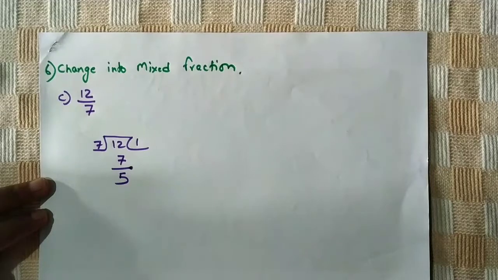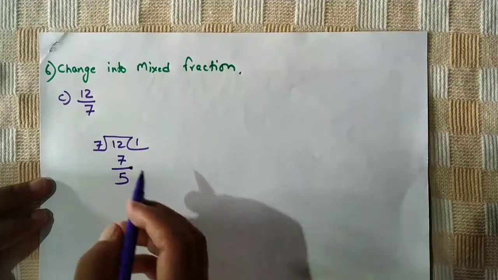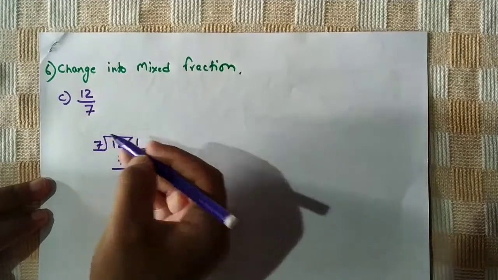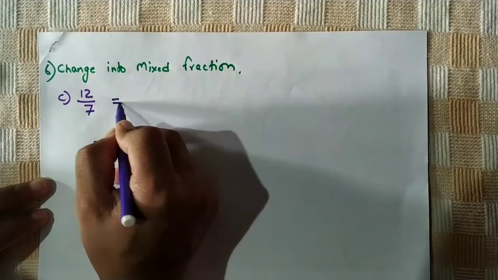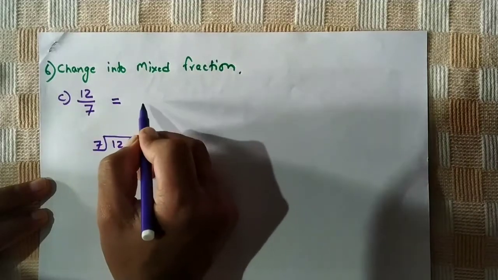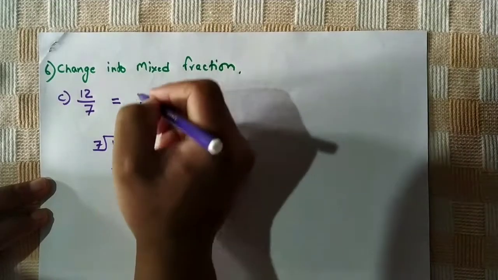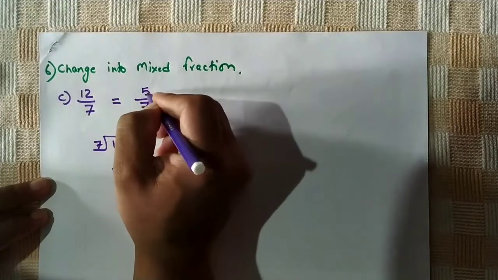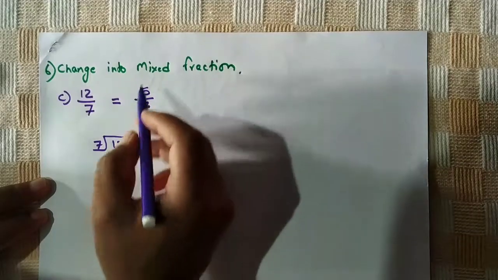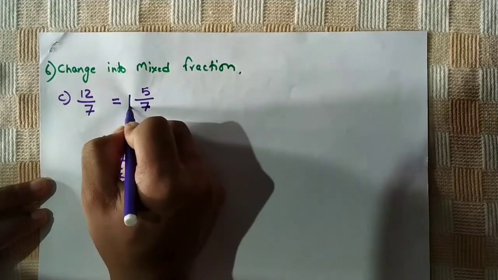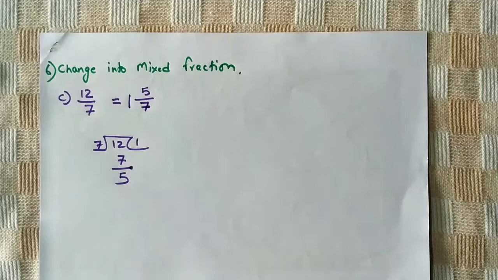Okay. So now this you'll have to write in mixed fraction. So equals to 7, the denominator will always be same and the remainder will go up, that is 5, and this will come at the front. Okay. So mixed fraction is 1 whole 5 by 7.